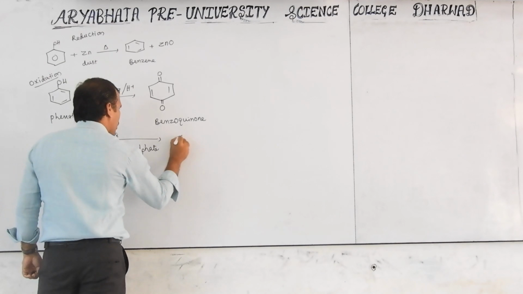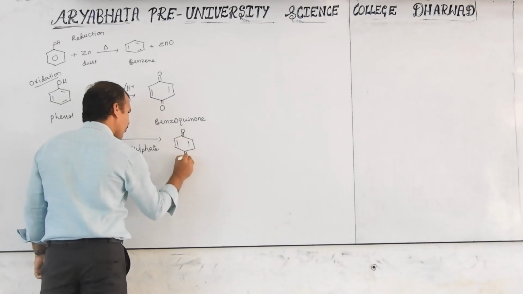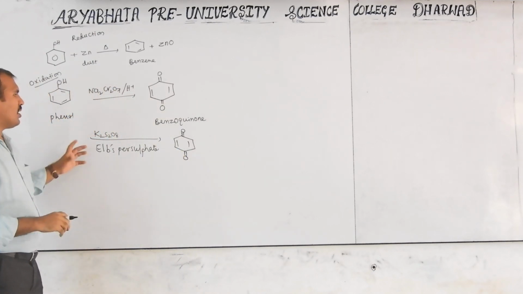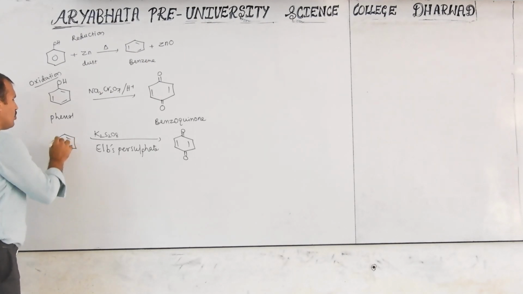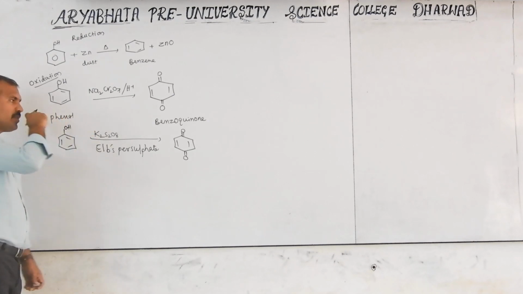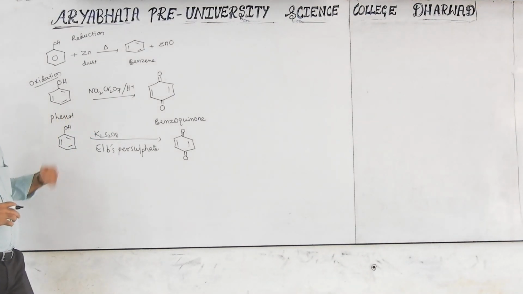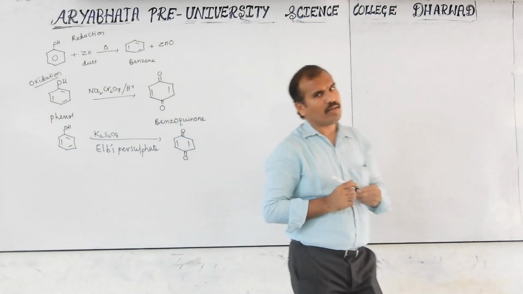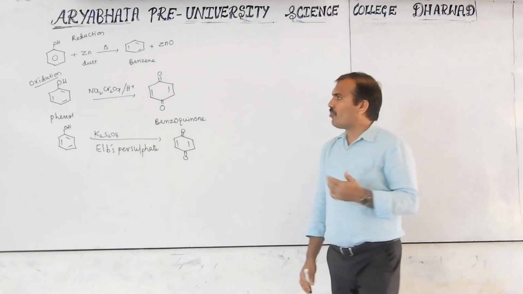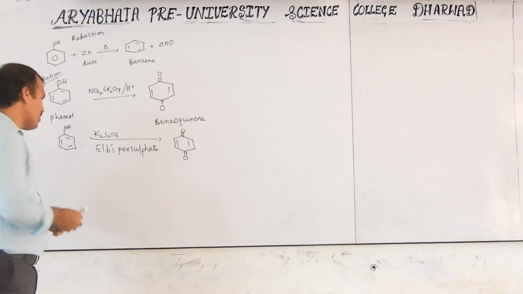Then it gives the same product, benzoquinone. This is not commonly asked, but they may ask what phenol gives when it reacts with K2S2O8. It also gives the same product. It is called the Elbs persulfate reaction. So I hope all the reactions with respect to alcohols and phenols are completed. But one more reaction is important for your practical purpose also, that I will discuss.